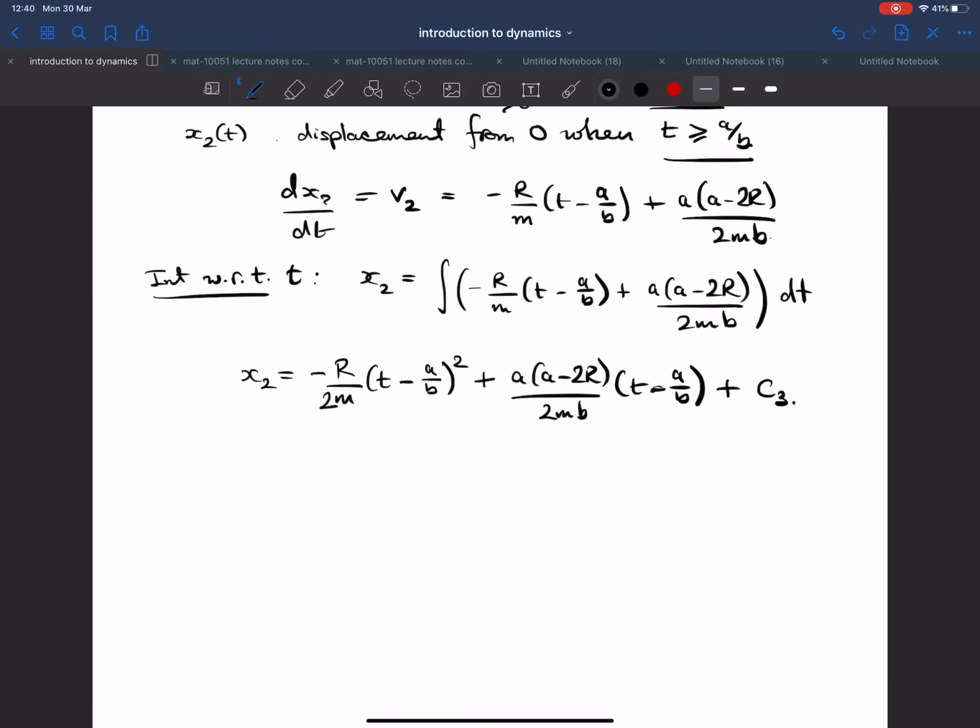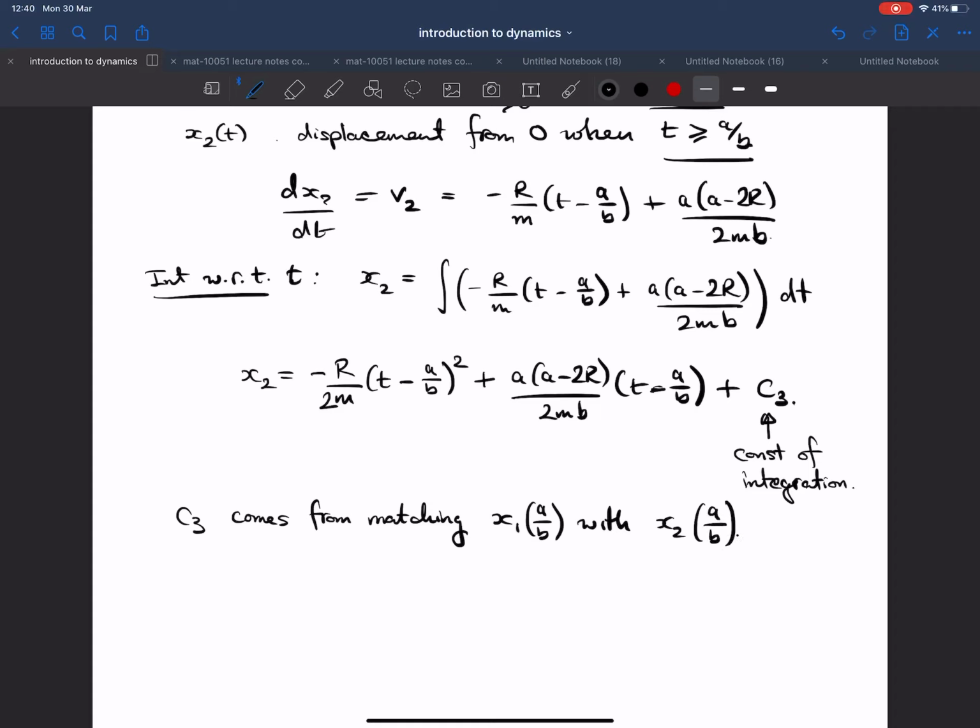Now, this is again a constant of integration. And how are you going to get this? Well, remember that we dealt with examples in the past where we've got piecewise defined functions. So this one, c3, comes from a matching condition. So matching x1 at a over b with x2 at a over b.